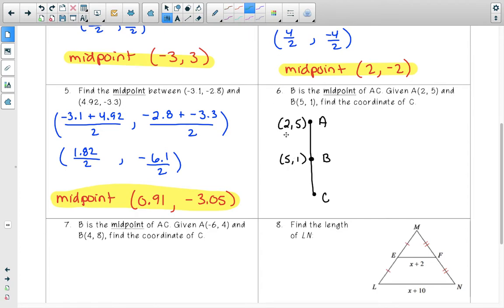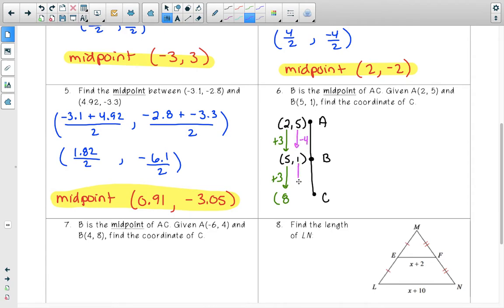So if we look at the x's, I can see that 2 is moving to 5 by adding 3. So I'll do the same thing to get to my next coordinate. So 2 plus 3 is 5, 5 plus 3 is 8. So for my y's, I see that from 5 to 1, I'm subtracting 4.